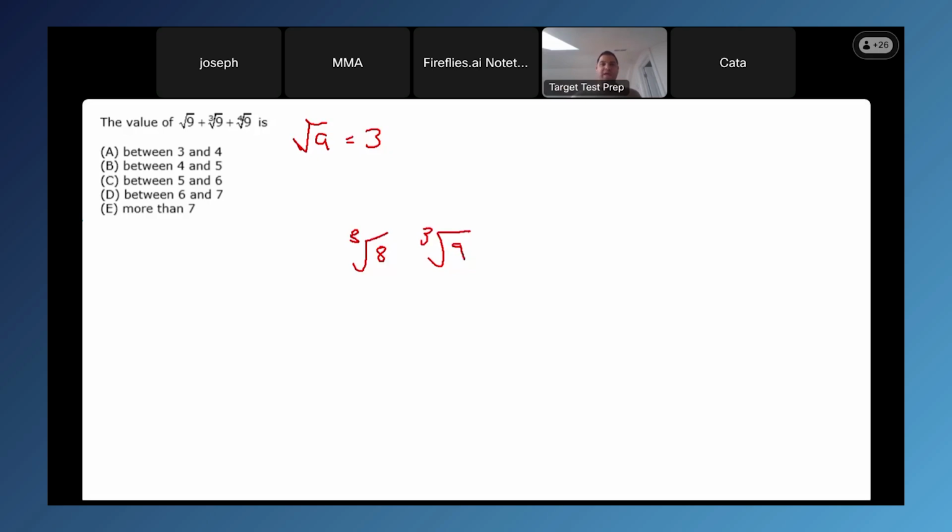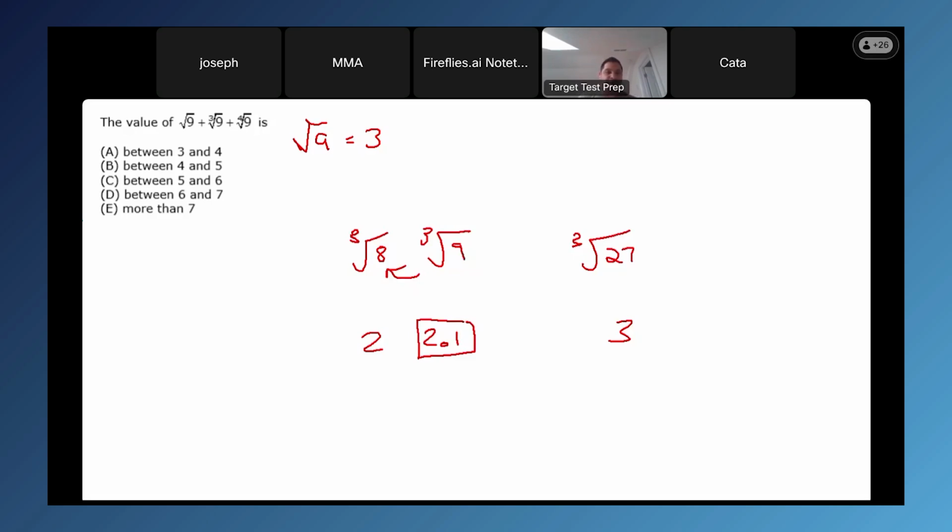The one below is cubed root of 8, and then what's above it? Well, that's going to be the cubed root of 27. If we're trying to make this to scale, it's a little bit further off. This is 2, this is 3. Clearly 9 is closer to 8, so we could say it's about 2.1, right? Now, that's the process. It is that simple.